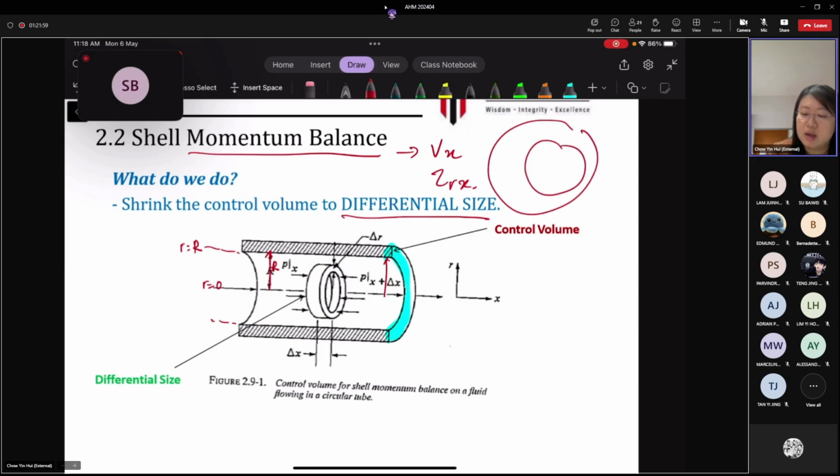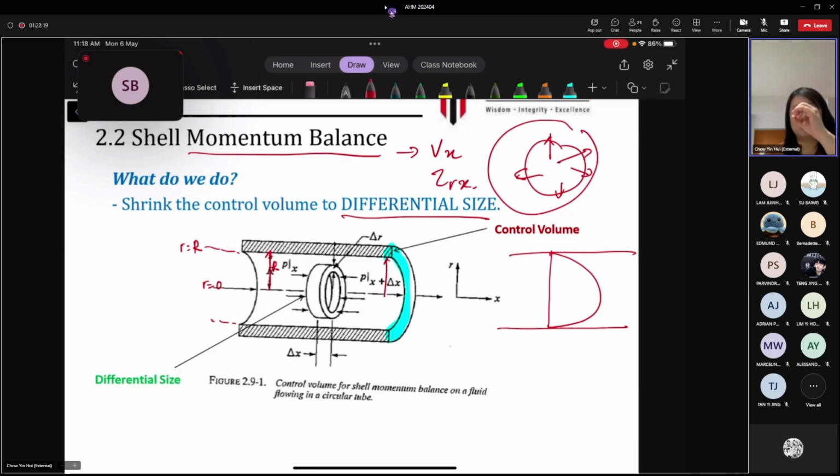the momentum actually transfers in the radial direction. Also, if you recall, for pipe flow the velocity profile looks like this, which means the layers of fluid, where the velocity changes, are in ring form.